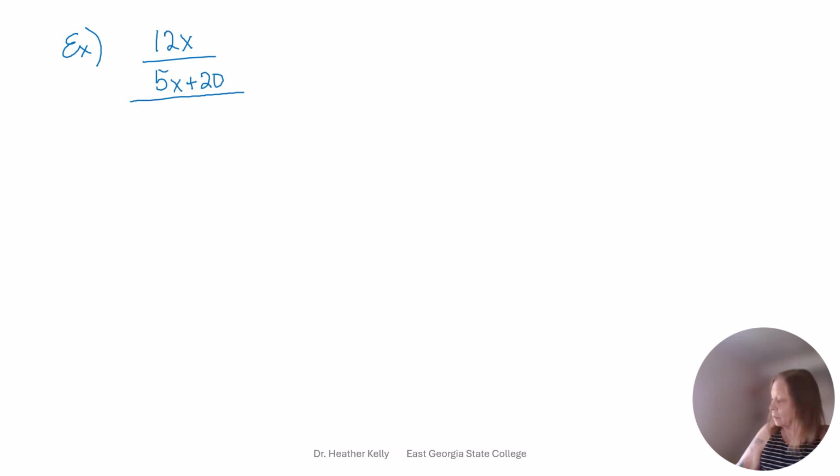Okay, so let's get a little bit more difficult here. Let's take a look at this guy. We have 12x over 5x plus 20, all that divided by 4x squared over x squared minus 16.